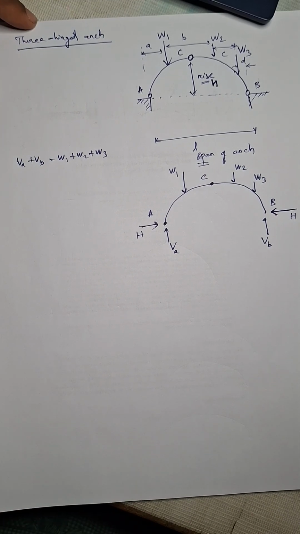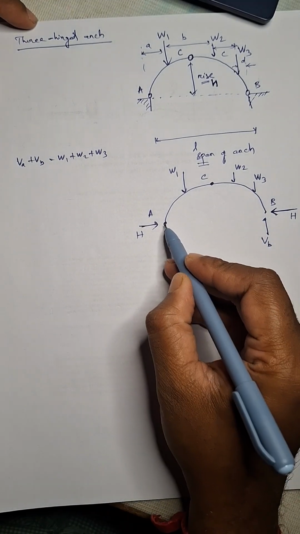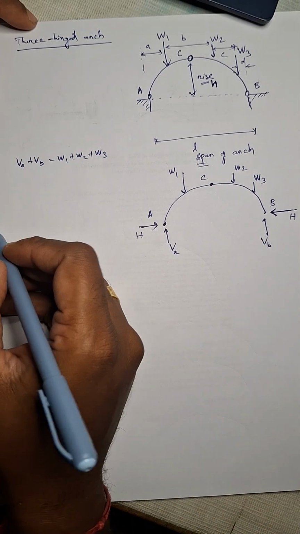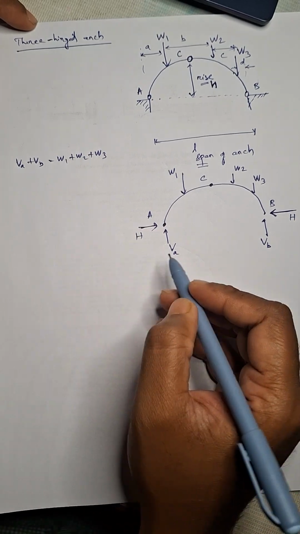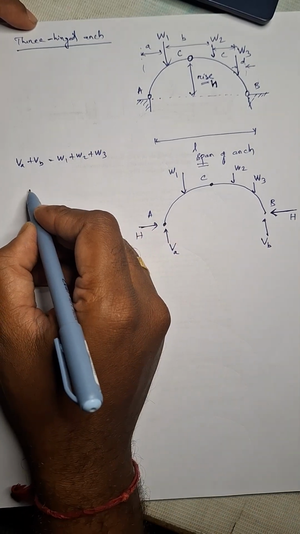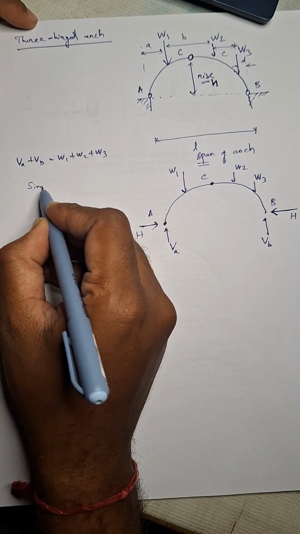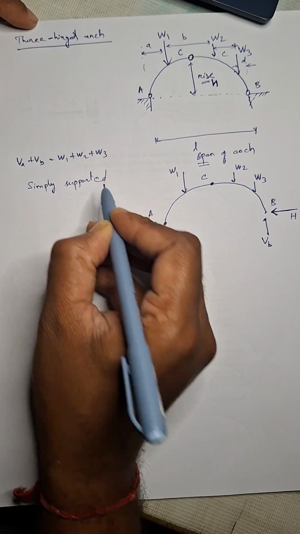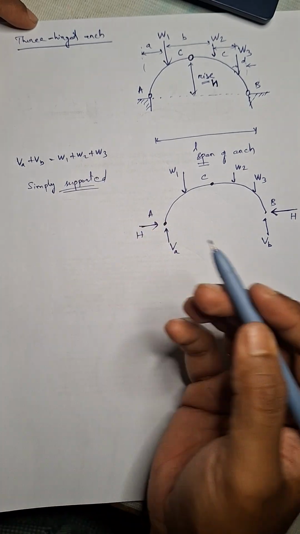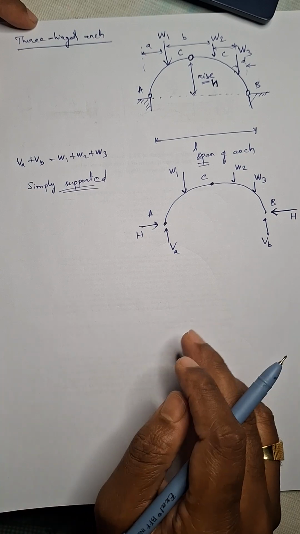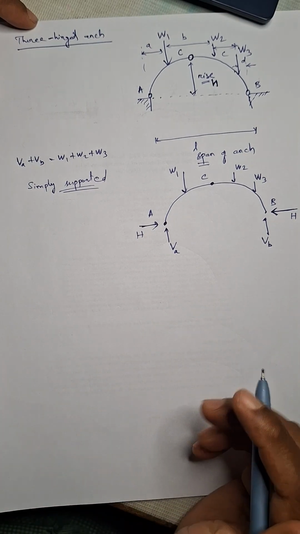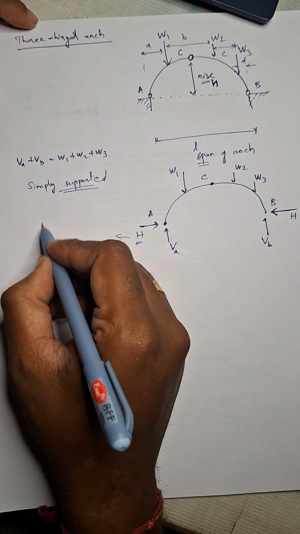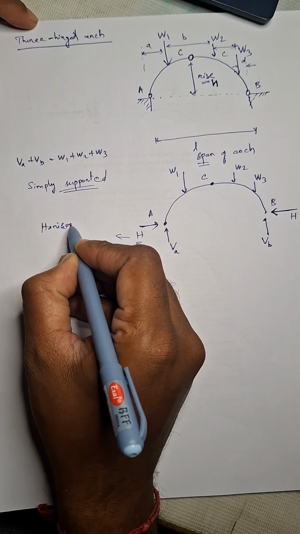When these two supports are at the same level, we can solve this problem by considering it as a simply supported beam, applying equilibrium equations as we did for a simply supported beam. This horizontal reaction is called horizontal thrust.